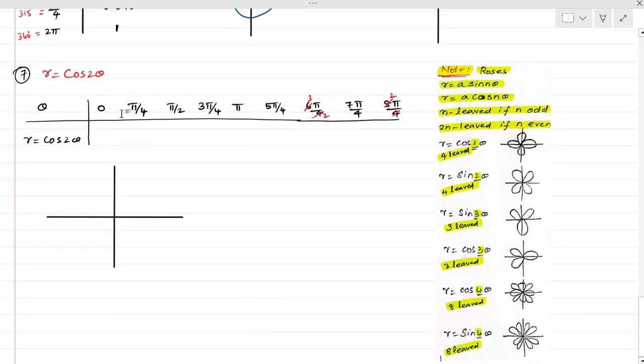I will take the same part: 0, 45, 90, 135, 180, 225, 270, then 315, and here 360, 2 pi. So if you do it in the same sense by calculator, cosine 0 is 1.